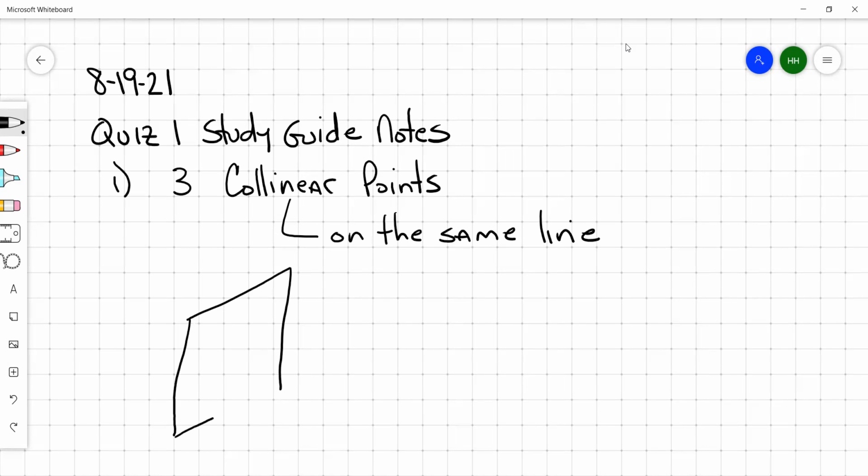This picture is of a plane, and then this plane has a line going through it. And then this line has some points on it. It's got a C and a B, and then there's some points here, L and point N.